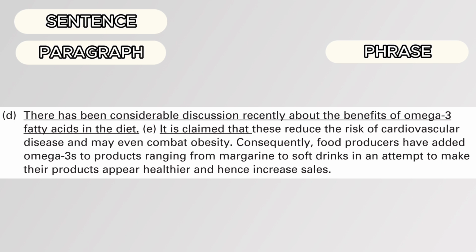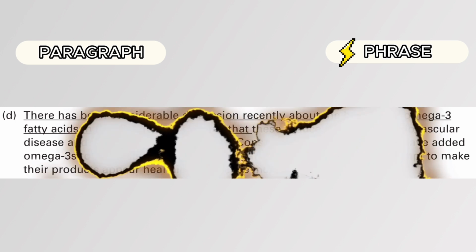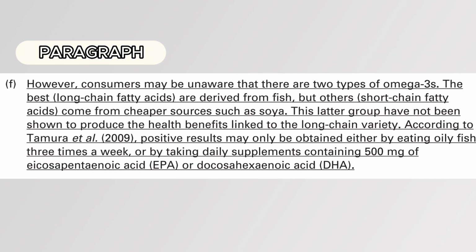You can say it is sentence, right? Example E. In the same text, pay attention to underlined parts. It's phrase. And the last example, F, look at this huge one, it is a paragraph.